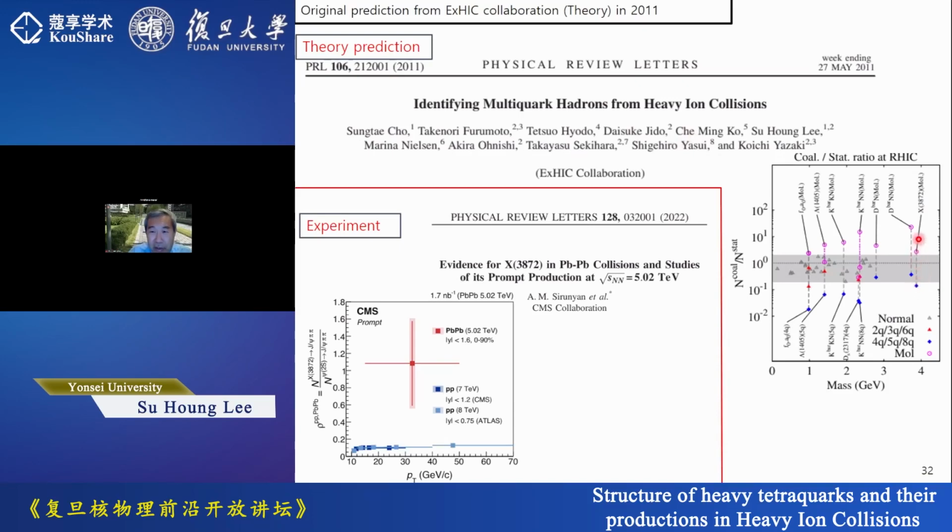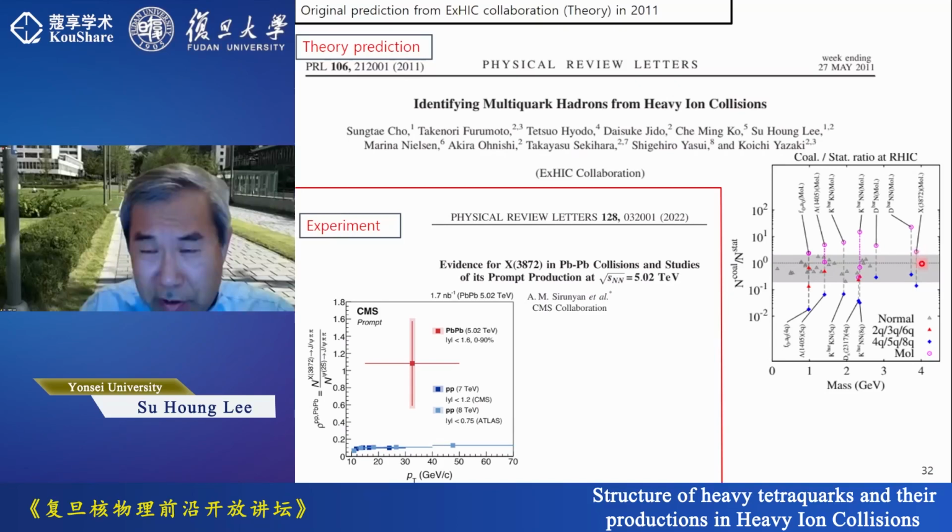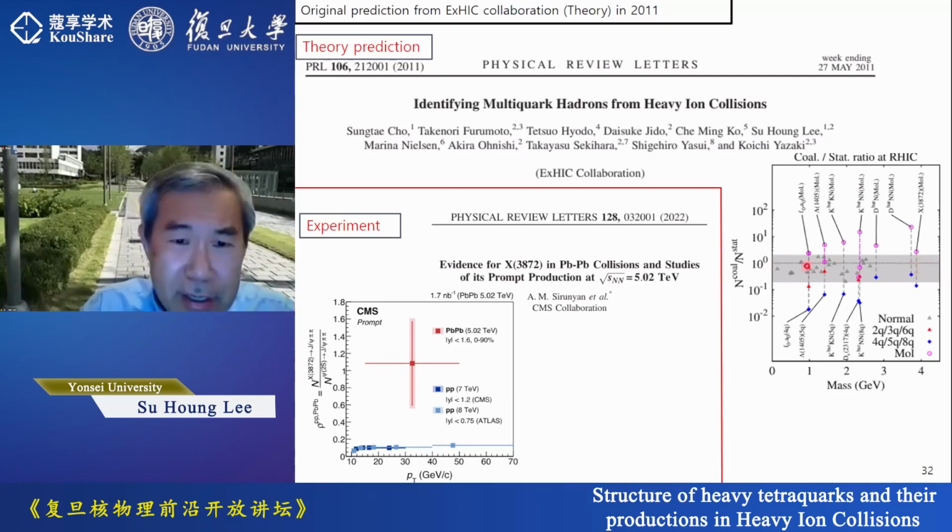If it's a molecular configuration, the production is not suppressed. The production rate would be similar to or larger than the statistical prediction. That's what this band tells you. And recently, the CMS collaboration measured X3872, and what they measured is compared to pp collisions.